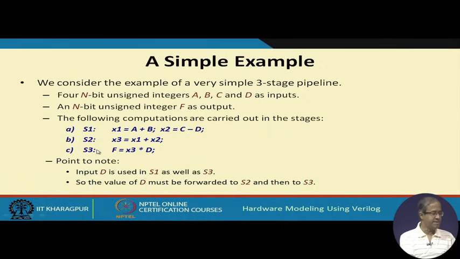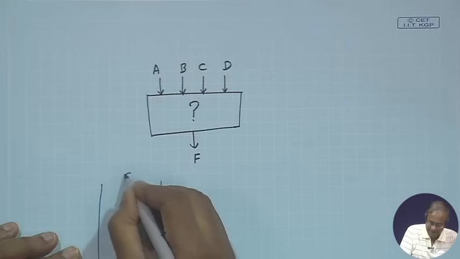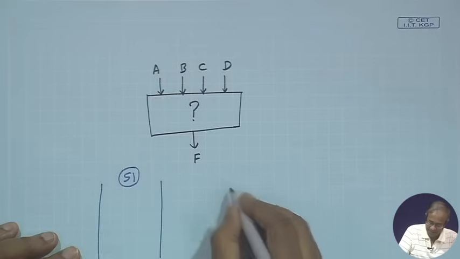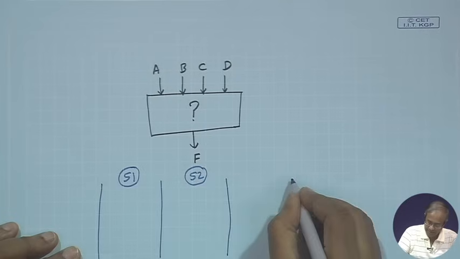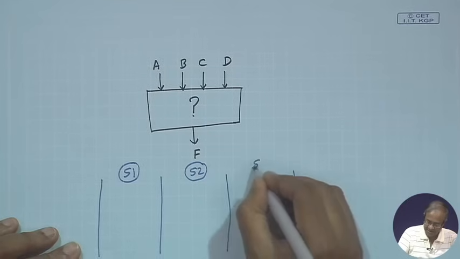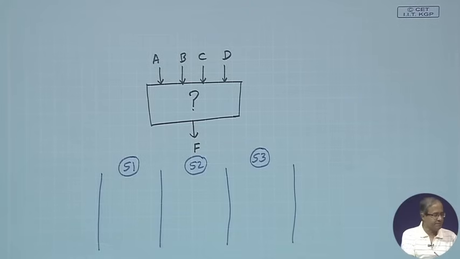Now, let us look at one thing. See, 3 stages S1, S2, S3 we have divided our computation into. So, let us represent that like this. This is our stage S1, let us say this is our stage S2 and this is our stage S3. You see, there are a few things you need to observe. We shall be showing this using some diagrams later.